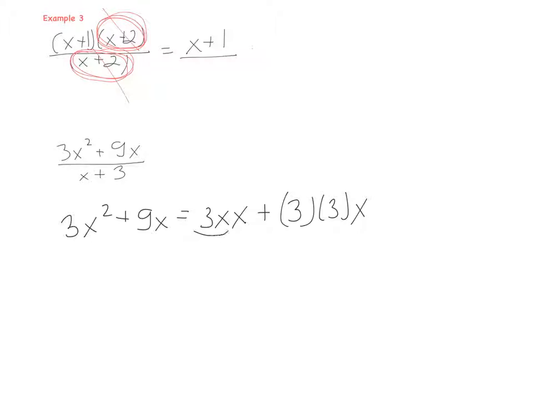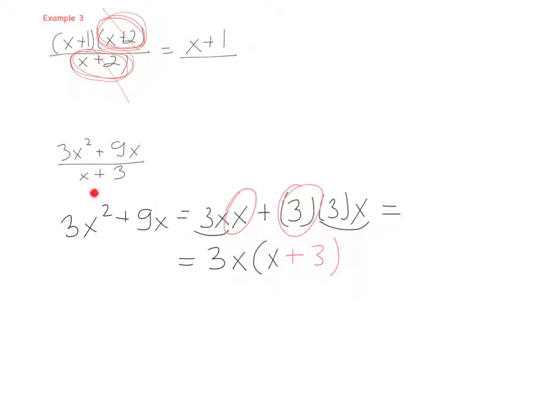So 3x is common. Let's put it in front of the bracket and I'm left with x plus 3, okay, in the bracket. When I multiply it to check, 3x multiplied by x gives me 3x squared, and 3x multiplied by 3 gives me 9x, okay?